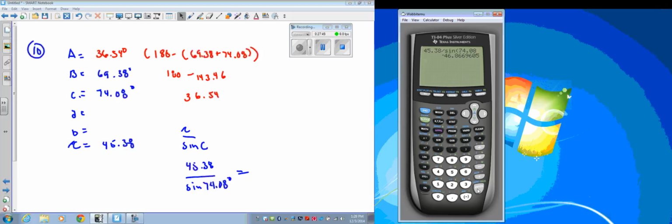and now that number is going to be something that you can call back up, right? Twice, because the first place that you're going to use it is this ratio where you're going to go A over sine A, and A is what you're trying to calculate, and then sine of 36.54.